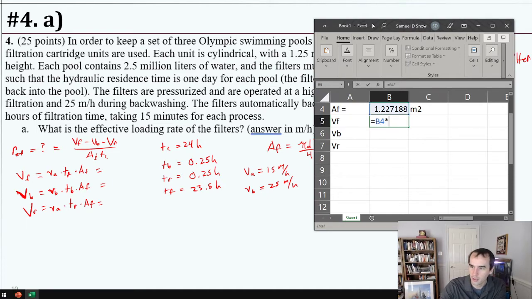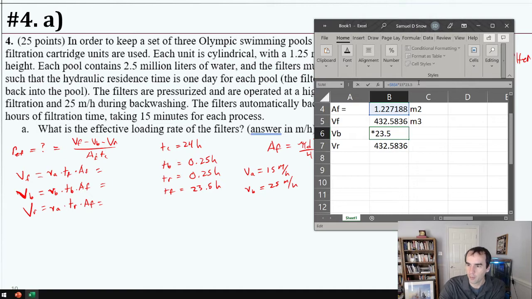We're going to take that area and multiply it by, for the VF and the VA, 15 meters per hour. And then we'll multiply that by the amount of time we've got. So for the volume of filtered water, we have 23.5 hours. That's going to give us that many cubic meters. One thing I'm going to do here is lock the B4 there. Then I can fill this down and adjust the parameters inside as needed.